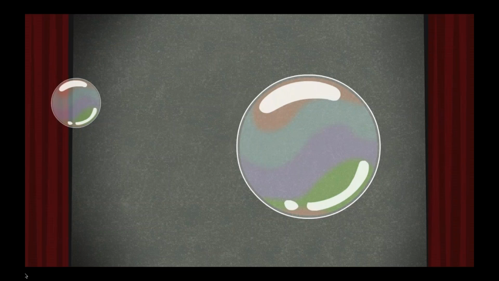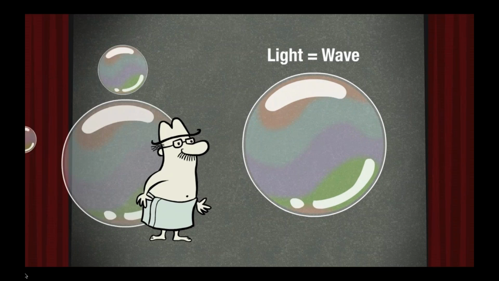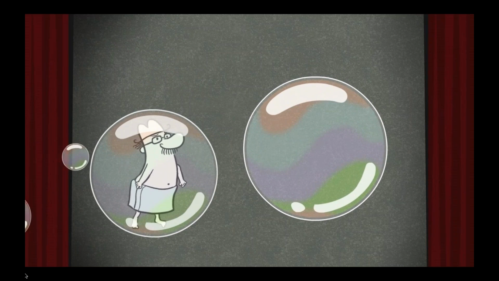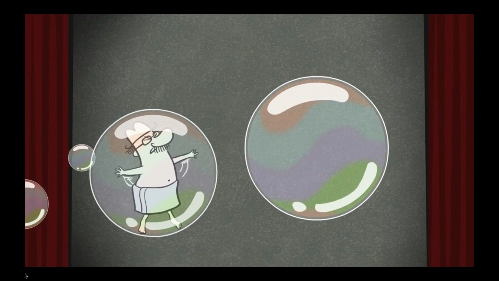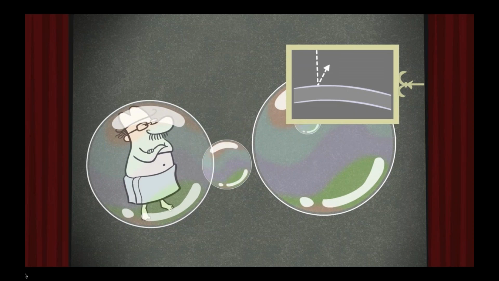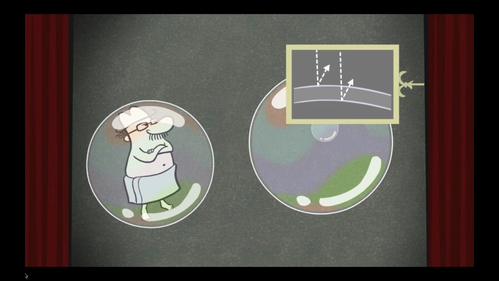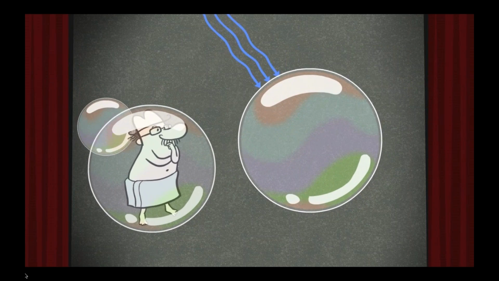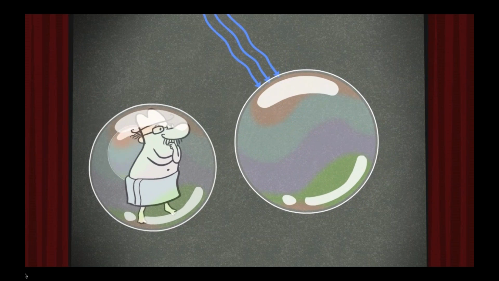Light is a wave, and different color light waves have different wavelengths. When a light wave hits the surface of a translucent film, some of it is reflected off the upper surface, some is reflected off the bottom surface, and the rest passes right through. Here is a blue light wave hitting the surface of a bubble.